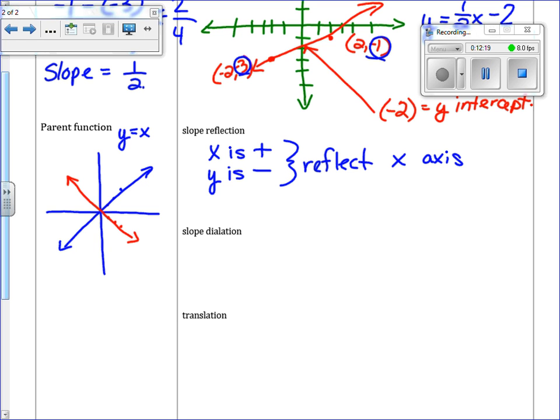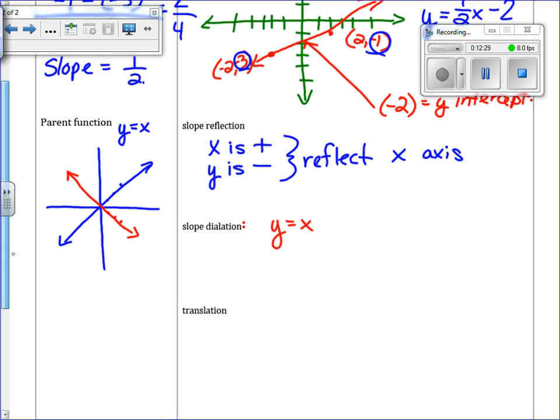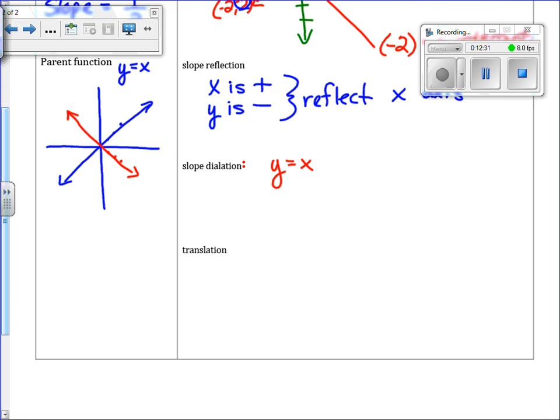All right, let's talk about slope dilation. This is a fancy term. Again, if I have y equals x, I can dilate my slope. Here's my parent function, y equals x.